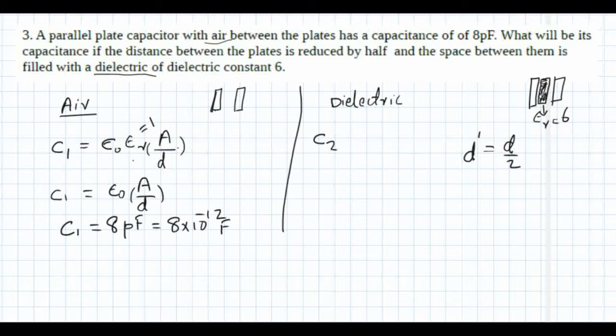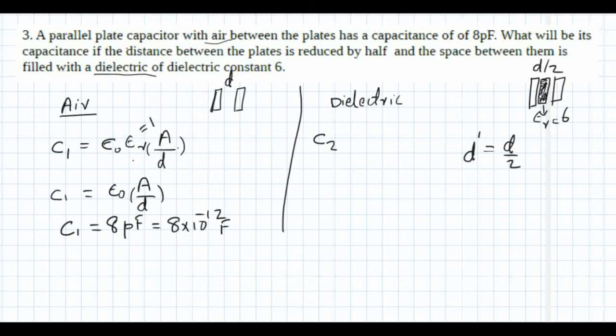This is the same capacitor with the spacing between the plates D, but here D becomes D by 2, right? And the space between them is filled with a dielectric material with dielectric constant 6.